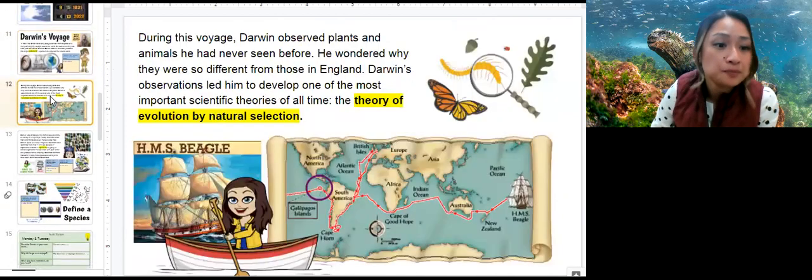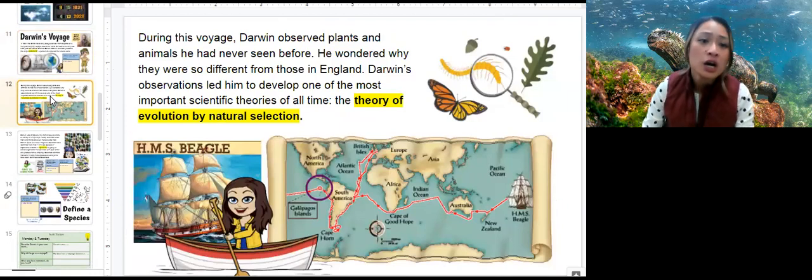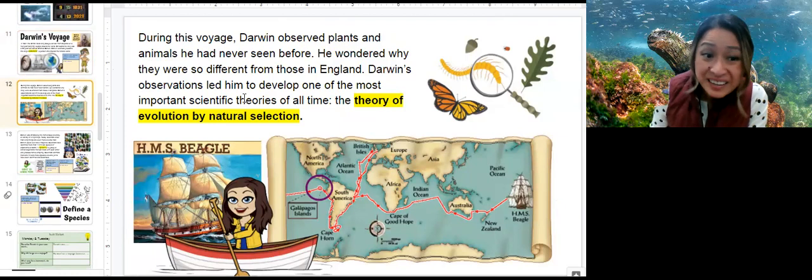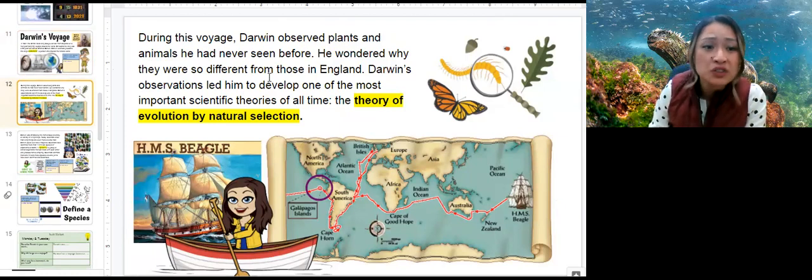Slide 12. During this voyage, Darwin observed plants and animals he'd never seen before. He wondered why they were so different from those in England, right? And here's the Beagle, the ship that Darwin was on. He was traveling from England, and then he made his way around the world and eventually made it to the Galapagos Islands.